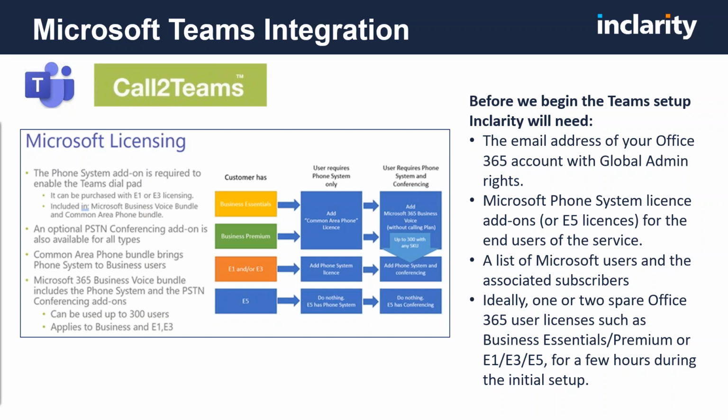And then ideally, one or two spare Office 365 user licenses. They don't have to have any of the calling licenses associated to them. They don't need to be built as accounts within Microsoft. They just need to be spare and made available.